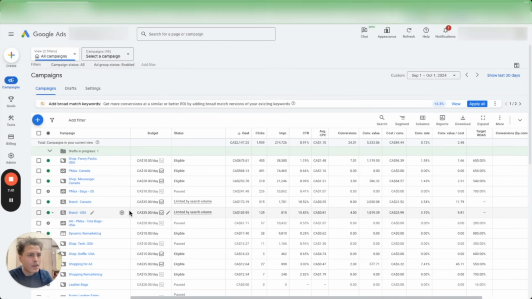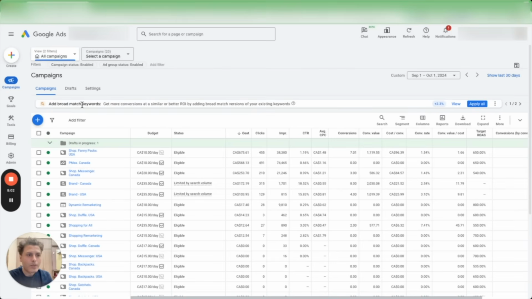Or maybe we still ran those campaigns. Anyway, from the second month onwards, I paused all the Performance Max campaigns and launched the shopping campaigns. And it was then that we started to see some great results.